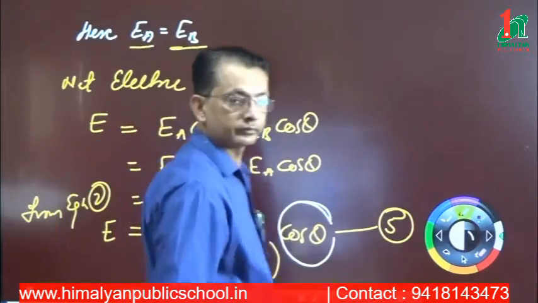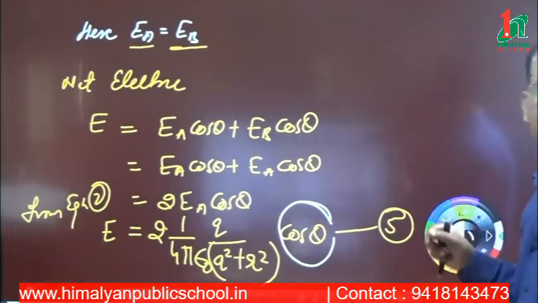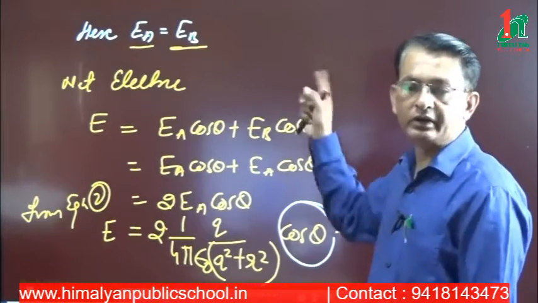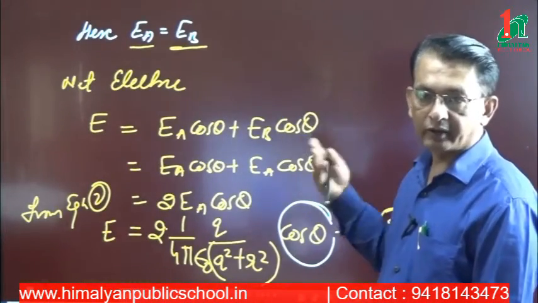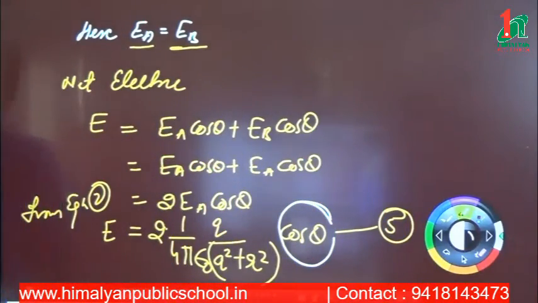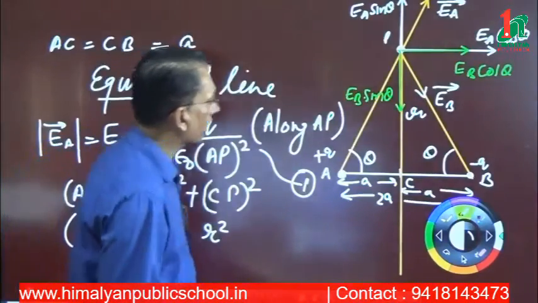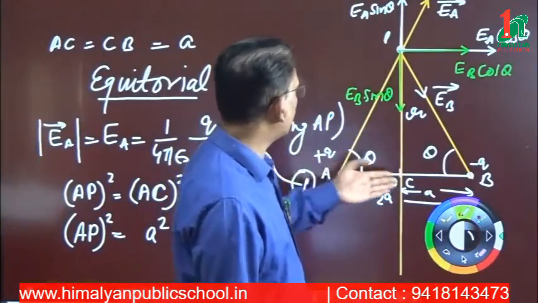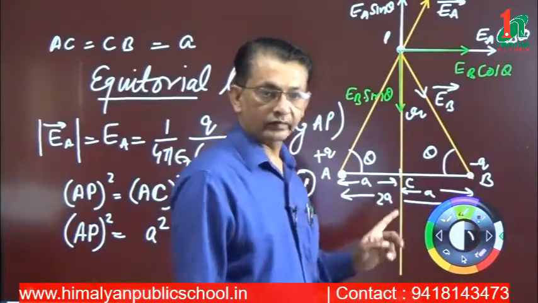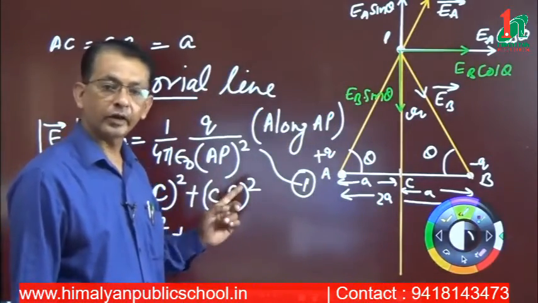So we have two triangles. One is ACP and the other triangle is BCP. From any one of these triangles we can find out the value of cos theta. If you see the diagram, in triangle ACP, cos theta will be base upon hypotenuse.